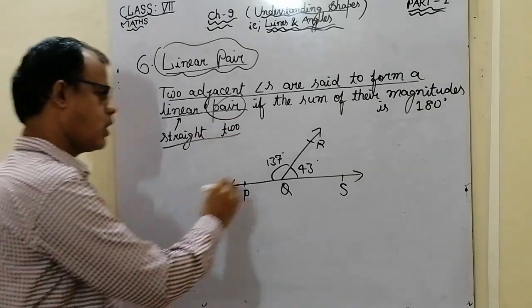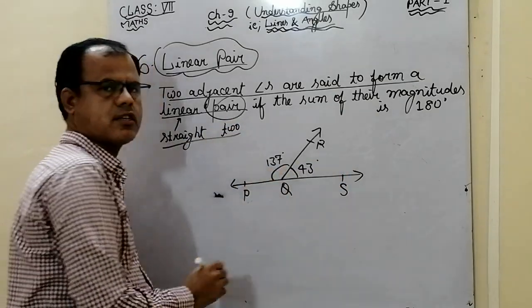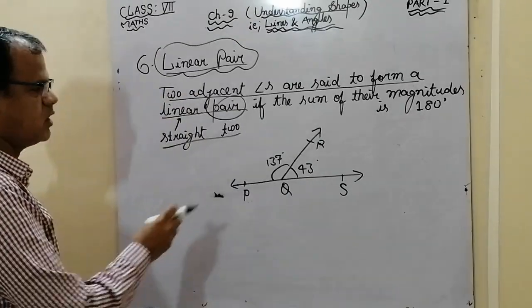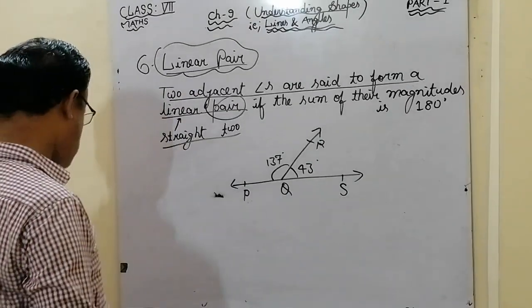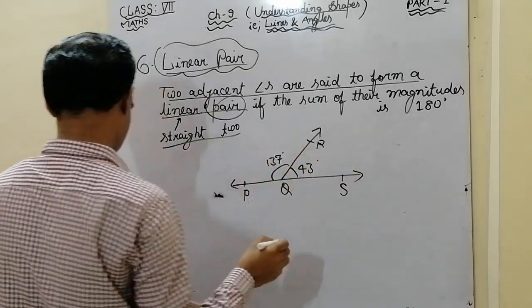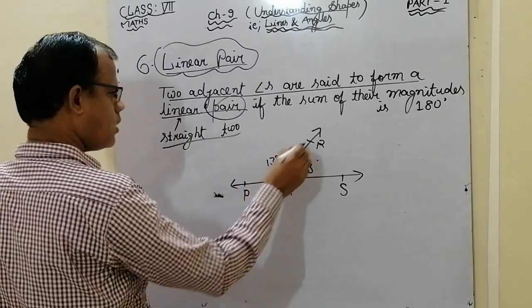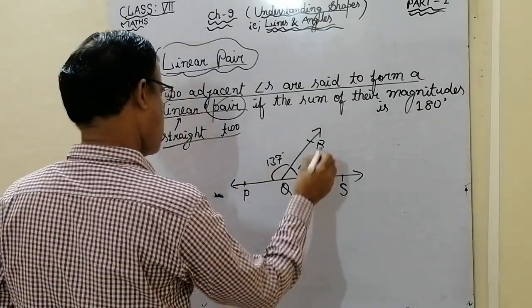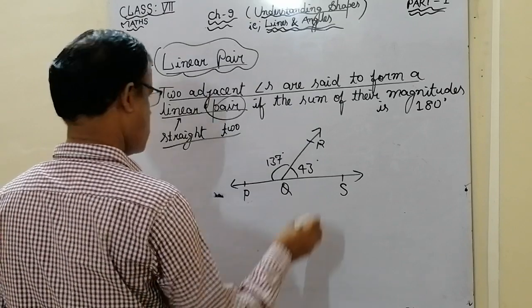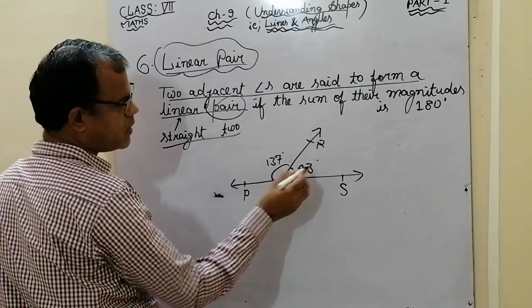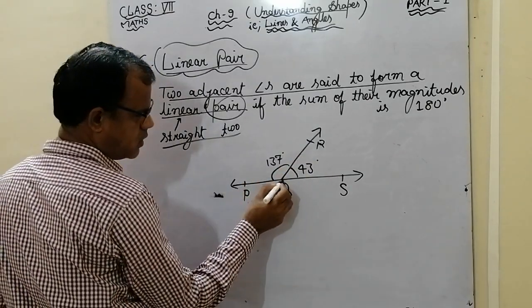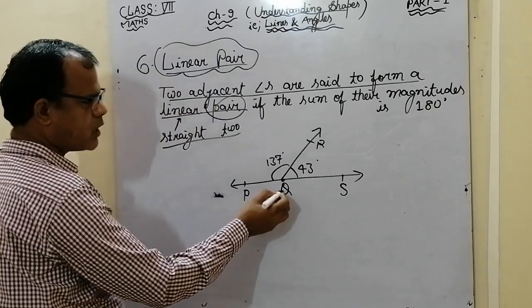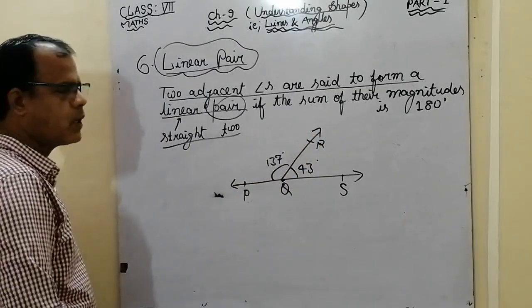If two angles form one straight line, then we can say it is a linear pair. So students, look here in this figure, PQR and RQS, two angles are there, and here Q is the common vertex and QR is the common arm.